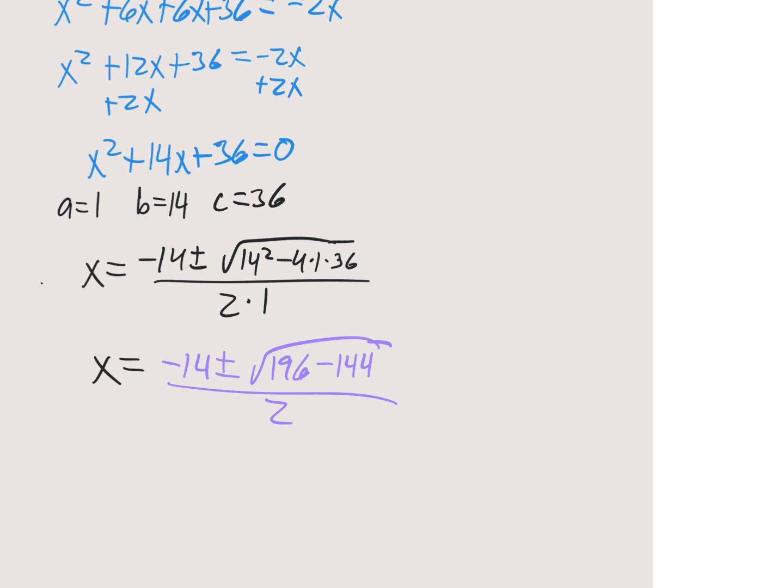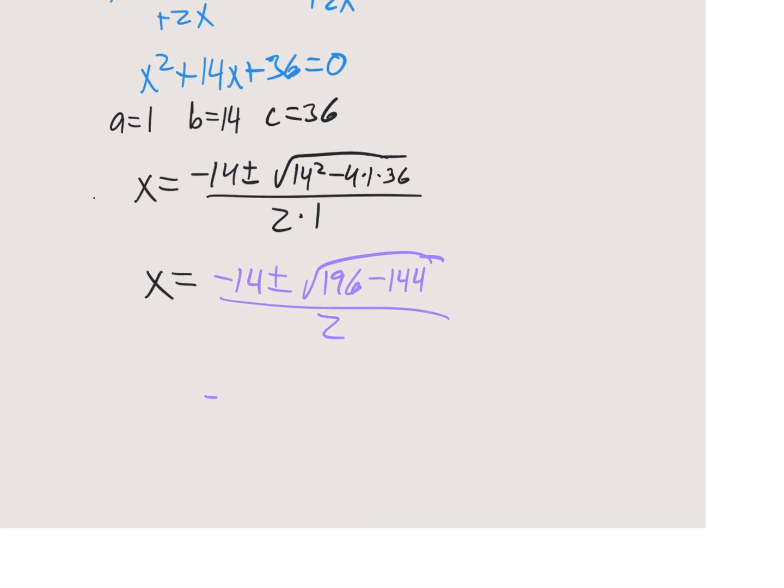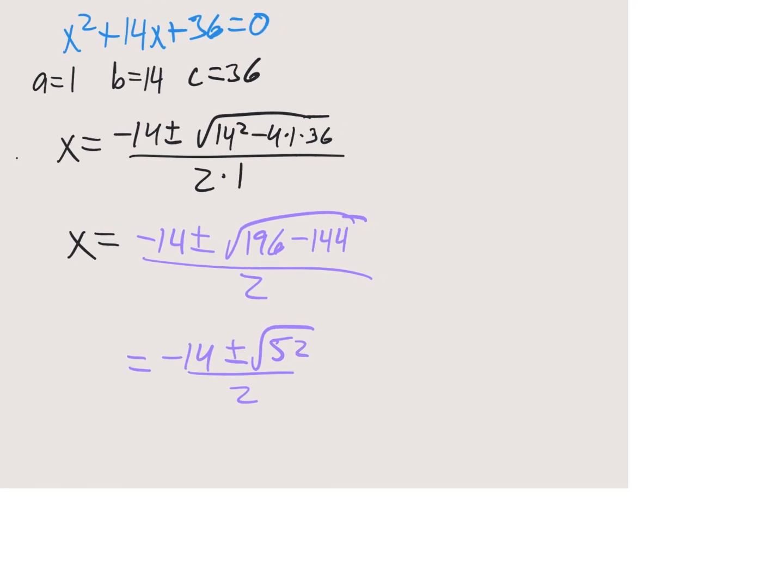All right, and now we want to simplify this a little bit more. We get negative 14 plus or minus the square root of 196 minus 144 should be 56, or 52, I'm sorry. All right, square root of 52 divided by 2. And then let's simplify under the radical. 52.